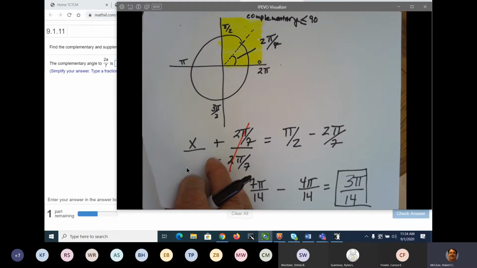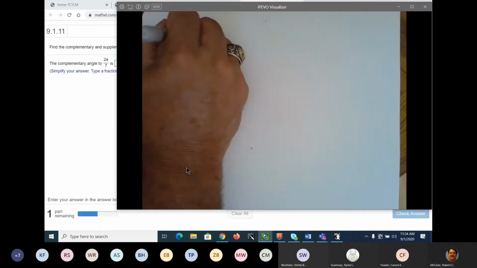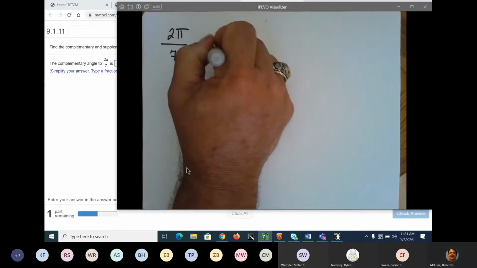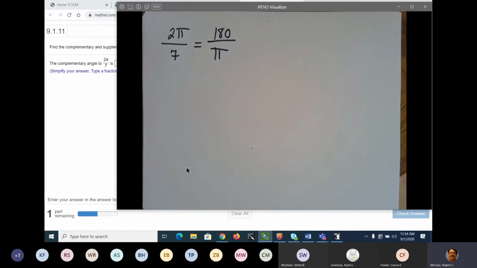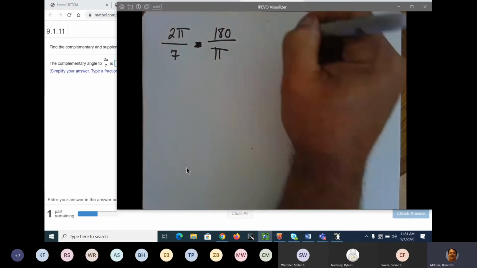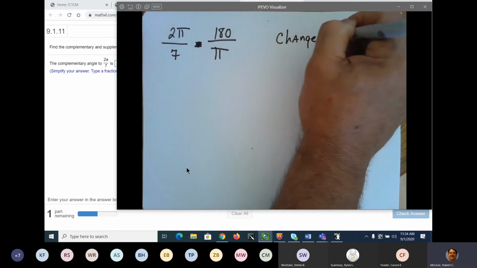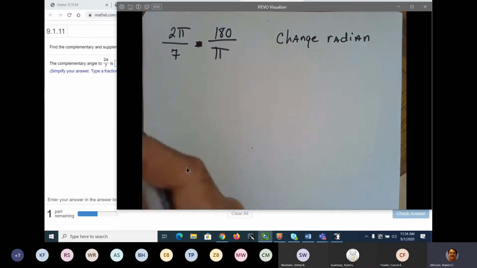Now, the way that you change a radian to degree is you cancel out the pi. So that means that 2 pi over 7, I've got to have pi on the bottom, and that means I've got 180 on top. We didn't go over radians, and we'll go over it today.